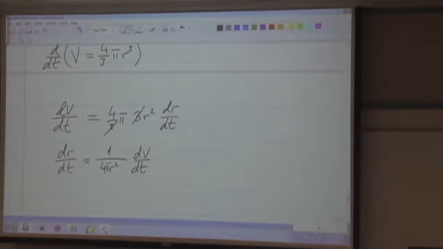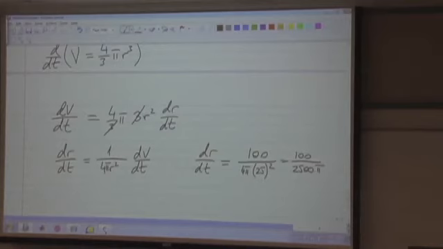And now r is 25, so dr over dt is going to be 100 divided by 4 pi times 25 squared, which is 100 over 25 times 4 is 100, times 25 gives you 2500 pi.